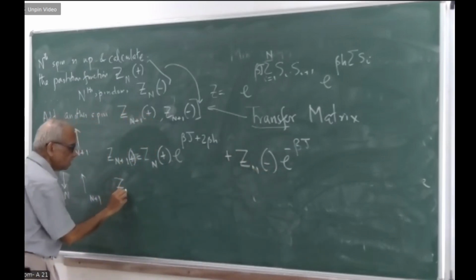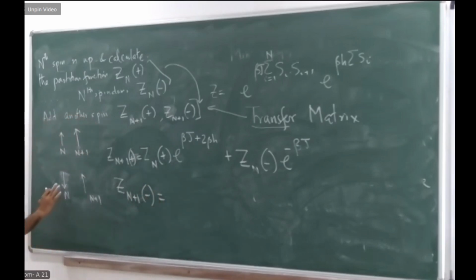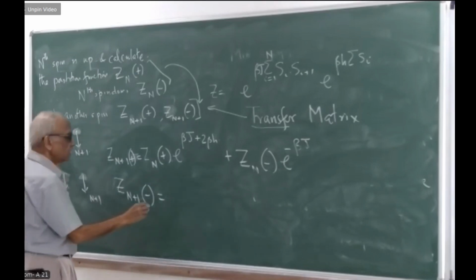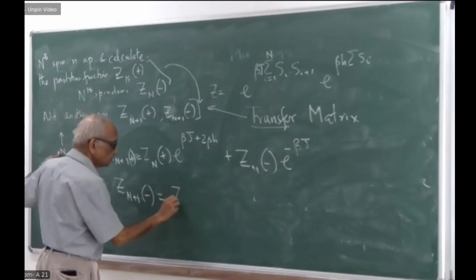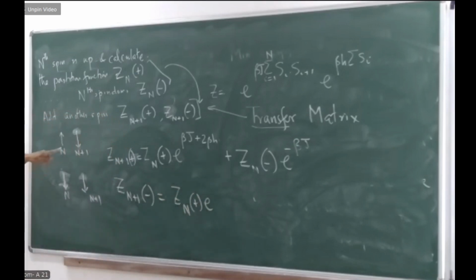And Zn plus 1 minus is going to be, if this is, this is what. So Zn plus 1 minus, when I'm talking about this one over here, which is with Zn plus, then it has to be e to the power minus beta J, and that's that.